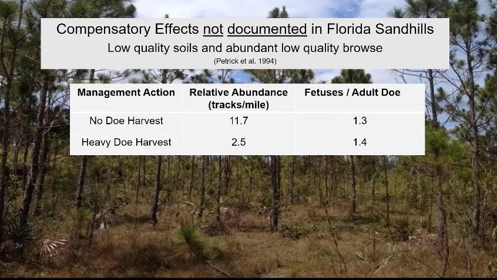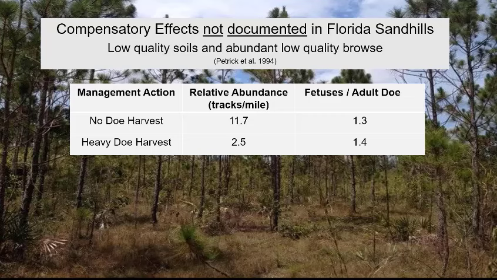And this was shown in a study in northern Florida back in the mid 90s. They looked at two very large areas. In one of the areas they had no doe harvest, and in the other area they implemented a very heavy doe harvest to reduce the deer density. And they didn't measure density per se, they measured the relative abundance. And they did that by measuring the number of tracks crossing dirt roads per mile.